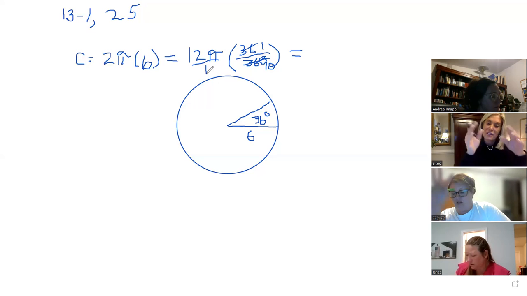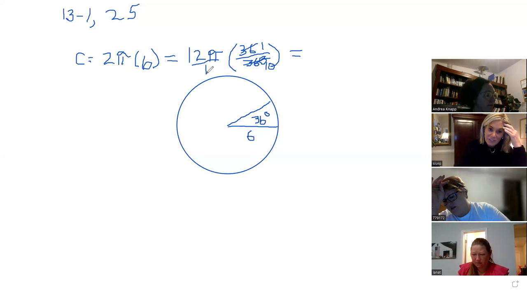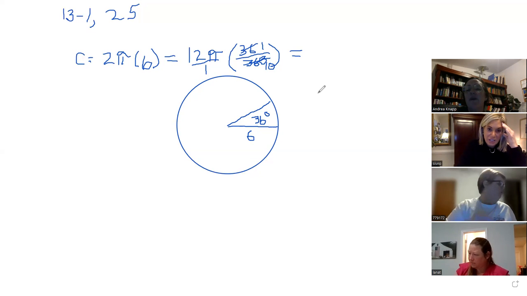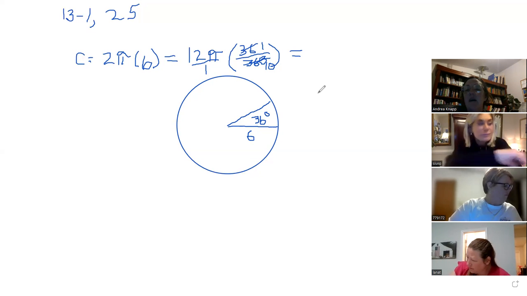Okay, I would think it would be the difference, like 300. Wouldn't it be 360 minus 36? Now think of it this way. What if it was just half of the circle? You would just divide it by 2, right?